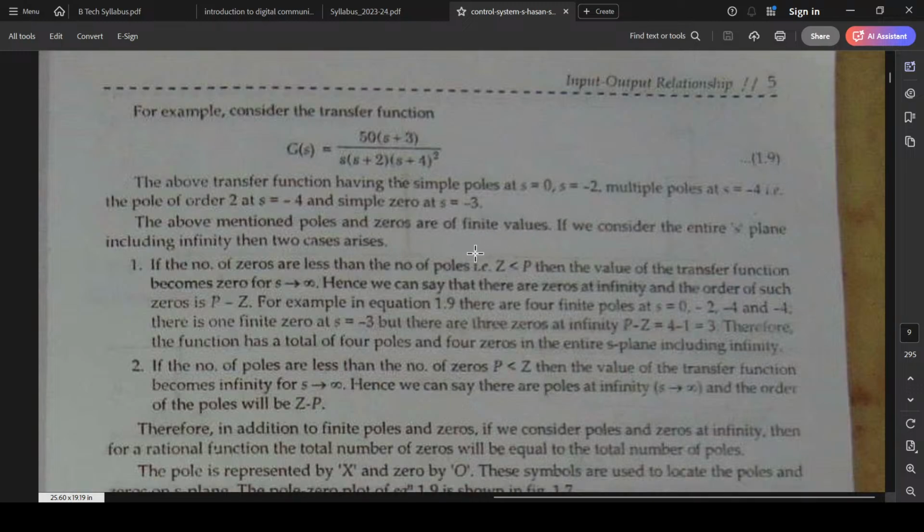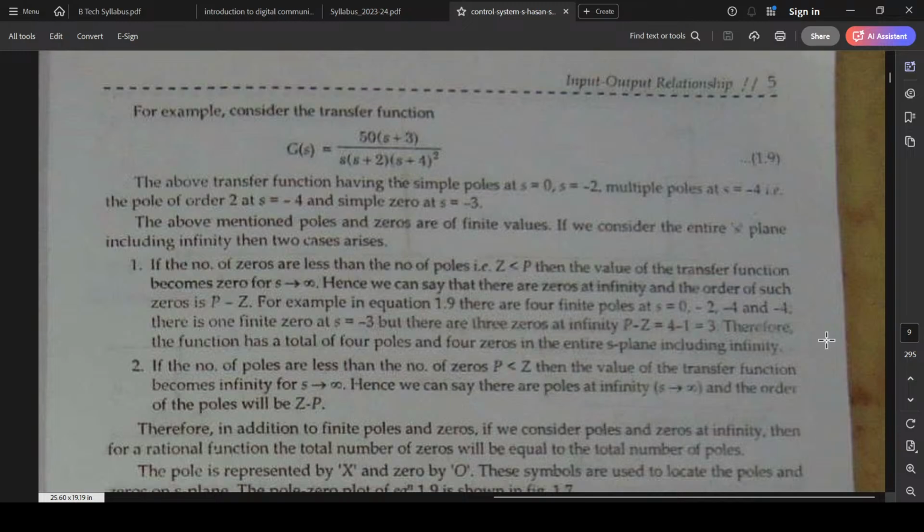These are of finite values. If we consider the entire S-plane including infinity, then two cases arise. If the number of zeros is less than the number of poles, then the value of the transfer function becomes 0 for s becomes infinity. Let me just write it down.